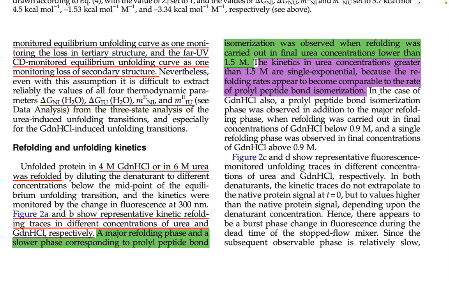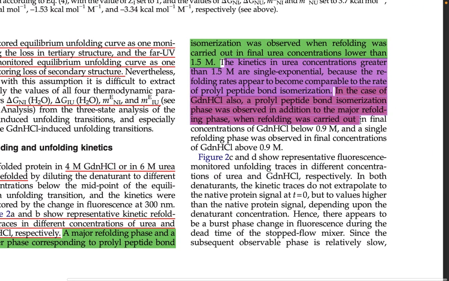Now, in the case of guanidinium hydrochloride also, a prolyl isomerization phase was observed in addition to a major refolding phase.